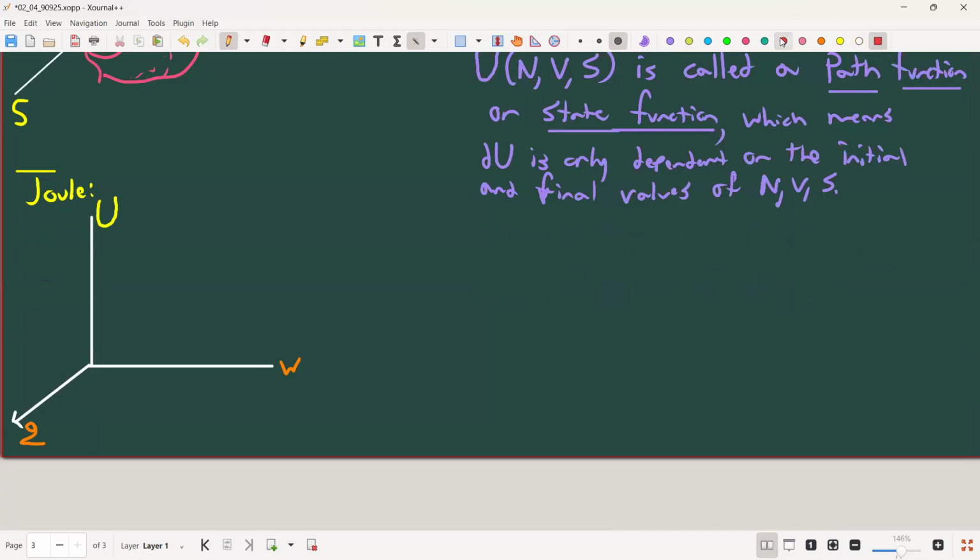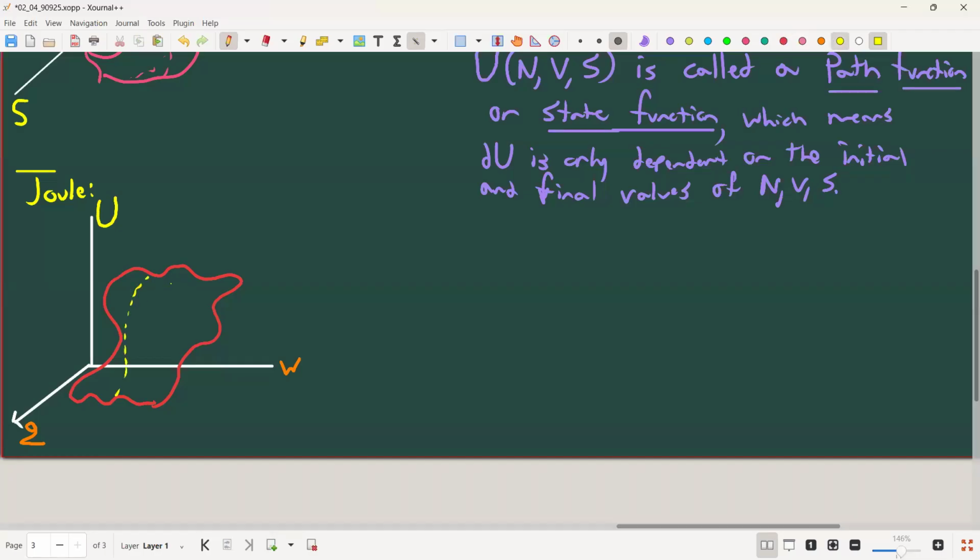And again, maybe you can do the same idea, do some process on a surface of values of work and heat. A surface like that. Right, and we pick 2 points, just like before.